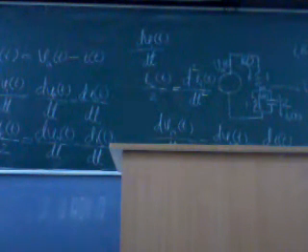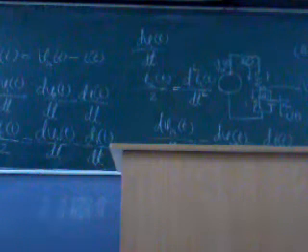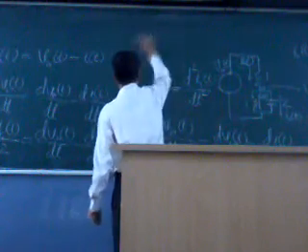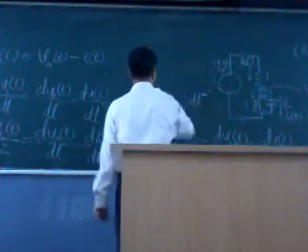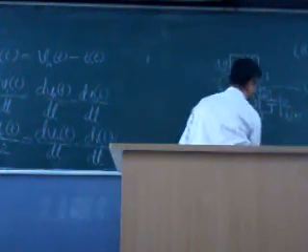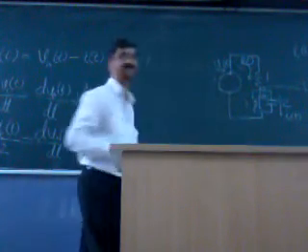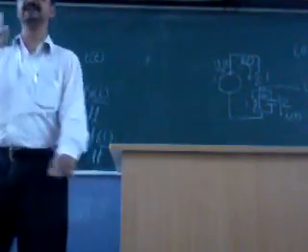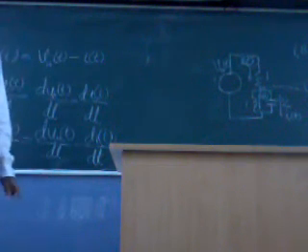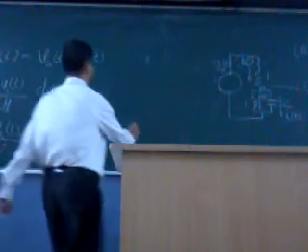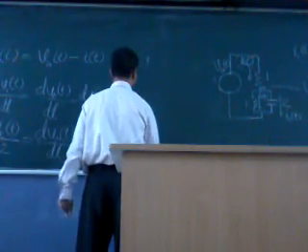What is I_C(t) now? Now we may get it. I_C(t) I can say as I(t) minus I_L(t). Now this 2 I will multiply on the other side.